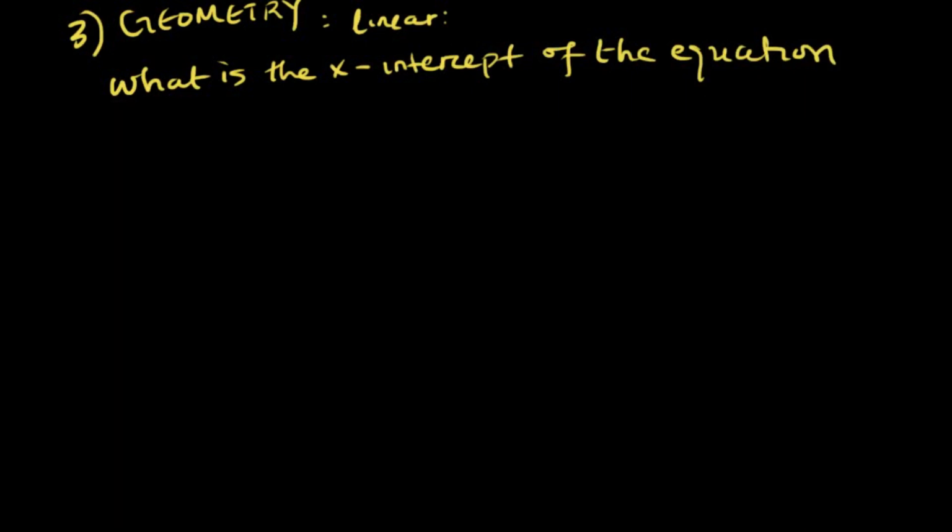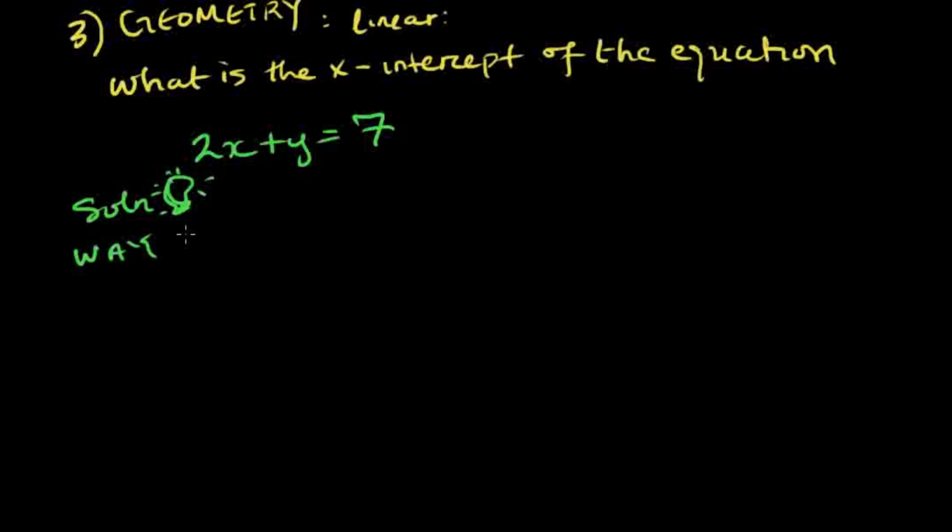So let's change the ink now. The equation given to us is 2x plus y equal to 7. Now there are 3 ways of solving this particular problem. There could be more than 3, but I see 3 ways of solving this problem. So way 1, if you want to find the x-intercept, you can put y equal to 0.